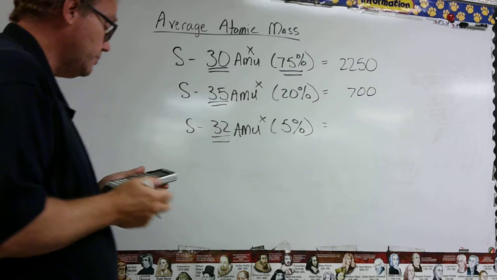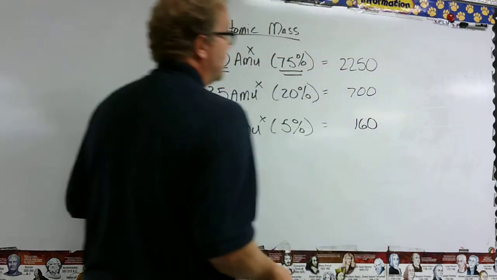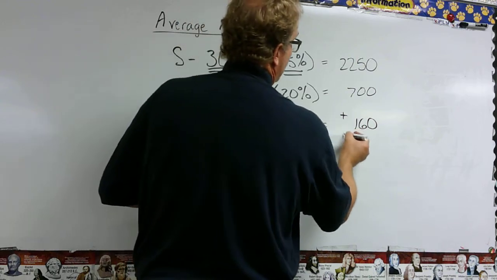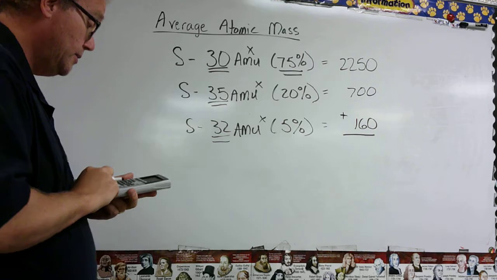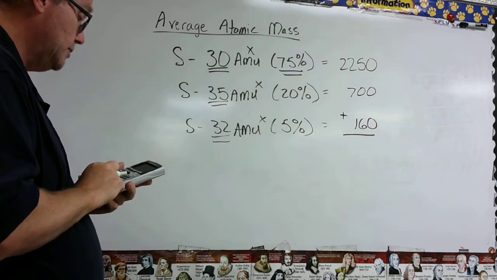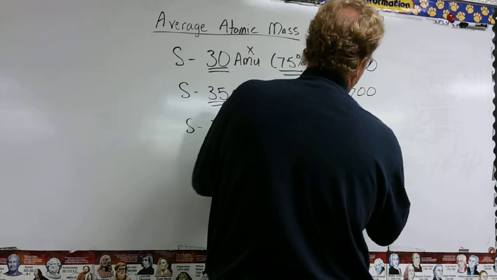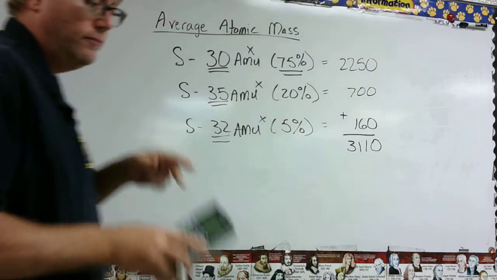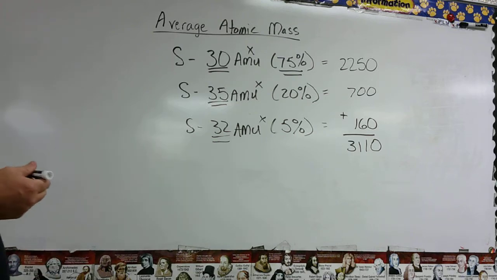It's also very important to write this out because you want to make sure you get the correct answer. When you get all those together, we're going for a total mass, so you have to add all these up. I end up with 3110 for my number. That is not your end result.